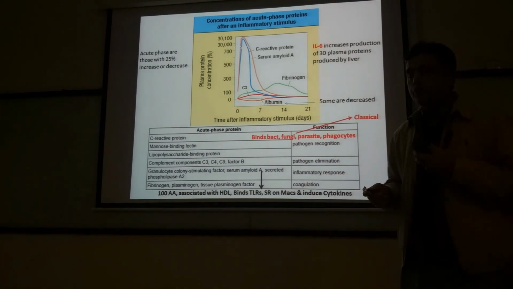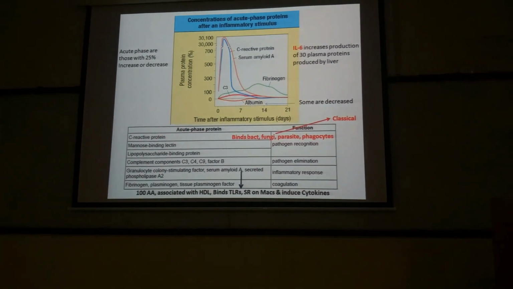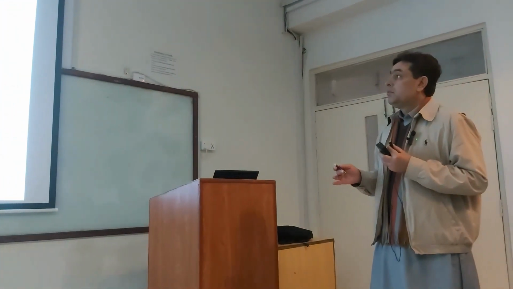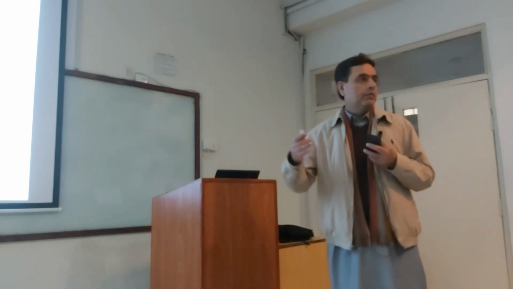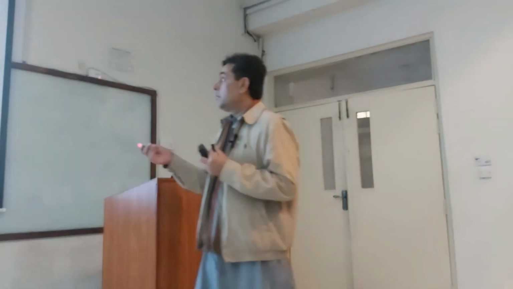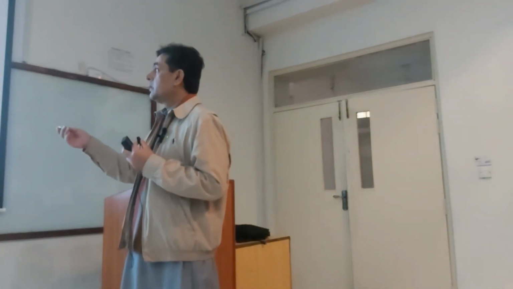The acute phase proteins produced by the liver, you know, there are about 30 different types of proteins that would be produced by the liver, 30 plasma proteins, proteins that are found in the blood. We call them plasma proteins. There are about 30 plasma proteins that would be produced by the liver when it is influenced by this cytokine interleukin 6.